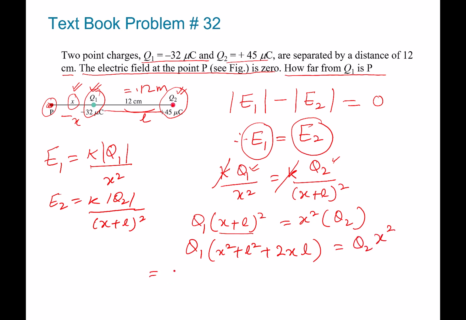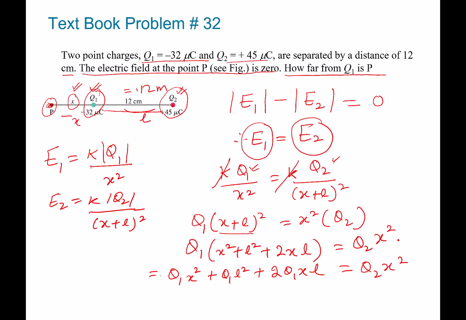We will have to work on this equation, which is X square plus L square plus 2XL. So we'll open this. This will be Q1 X square plus Q1 L square plus 2 Q1 XL is equivalent to Q2 X square. So it's going to be a bit complicated and in quadratic form.